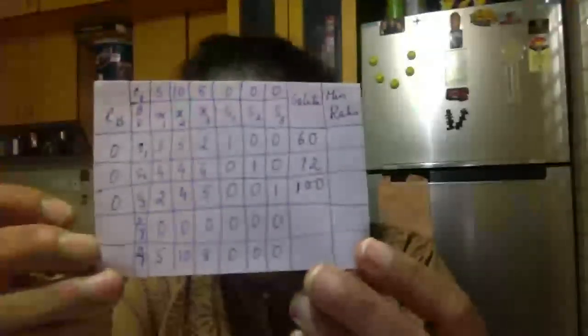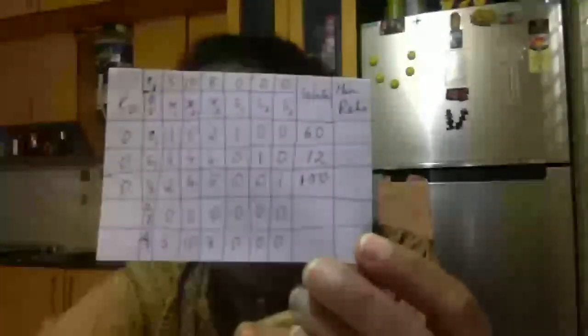Okay, so here we are. Now we have to make one of the variables depart, that is S1, S2, S3, and instead of S1, S2, S3, we must bring in X1, X2, X3. So we have to find the minimum ratio.